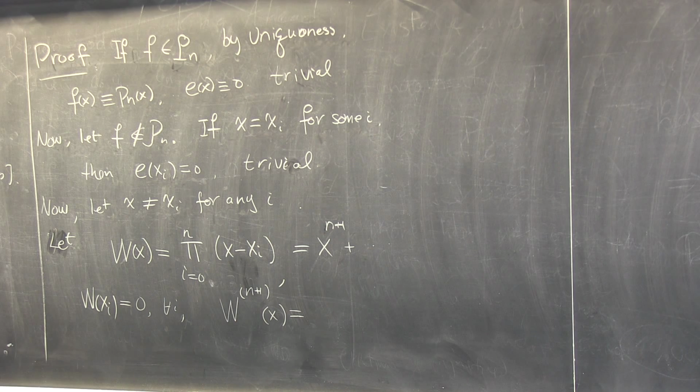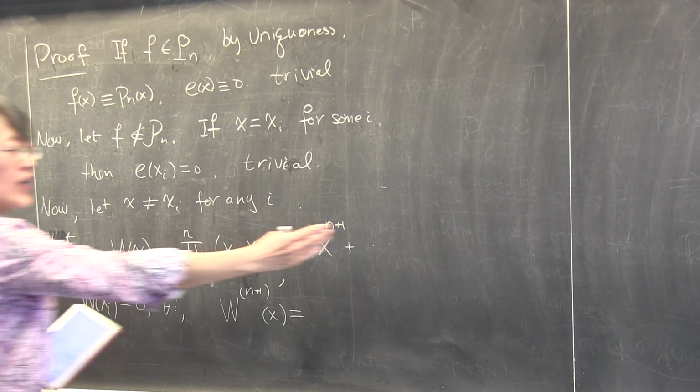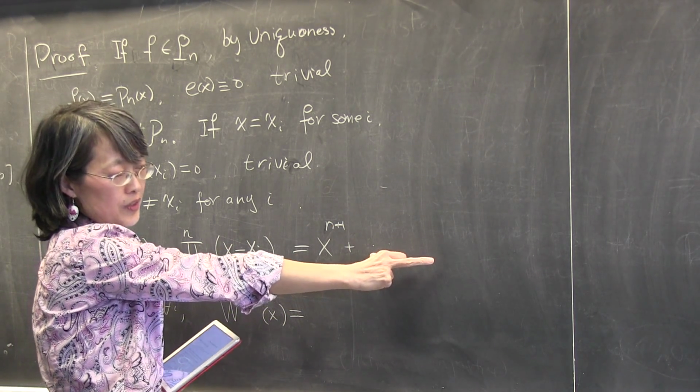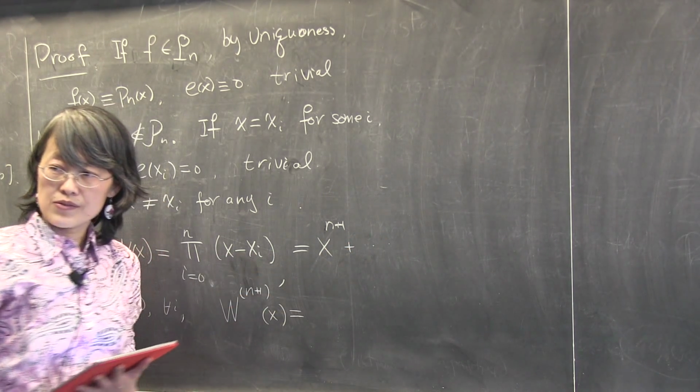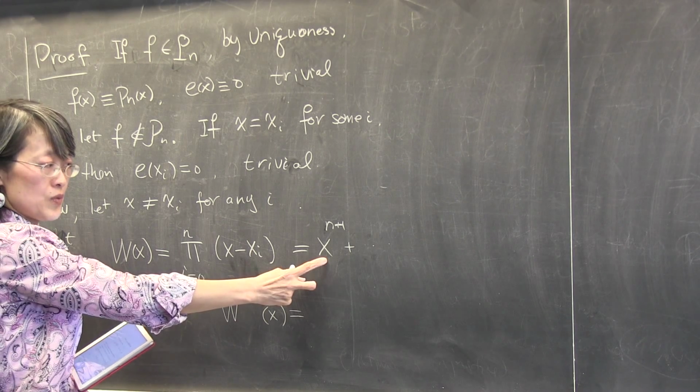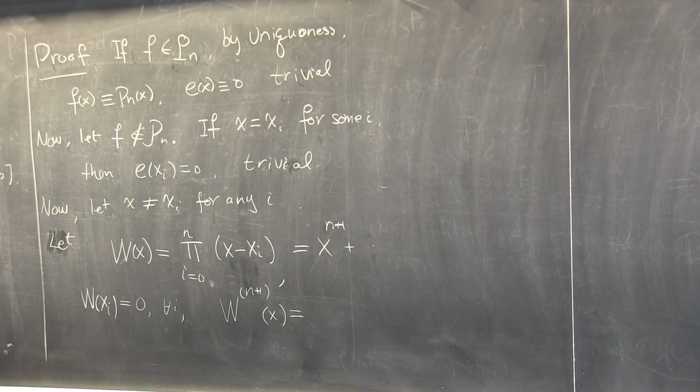Do we agree? If I differentiate this n plus 1 times, what do I get? A constant. What is that constant? Be very specific. All the lower power of x terms, you differentiate n plus 1 times, what happens to them? 0. So what happens to this term?